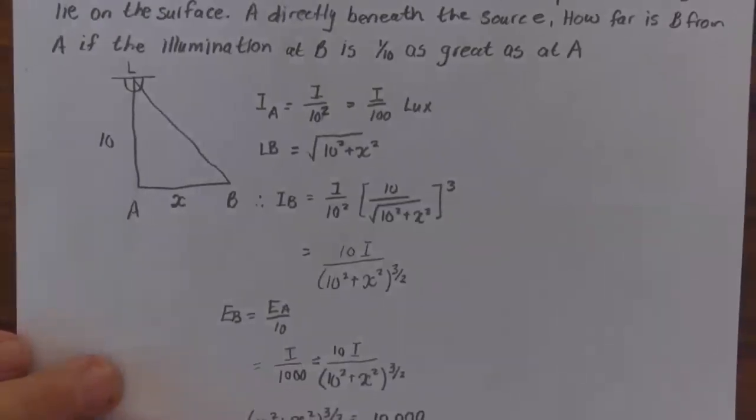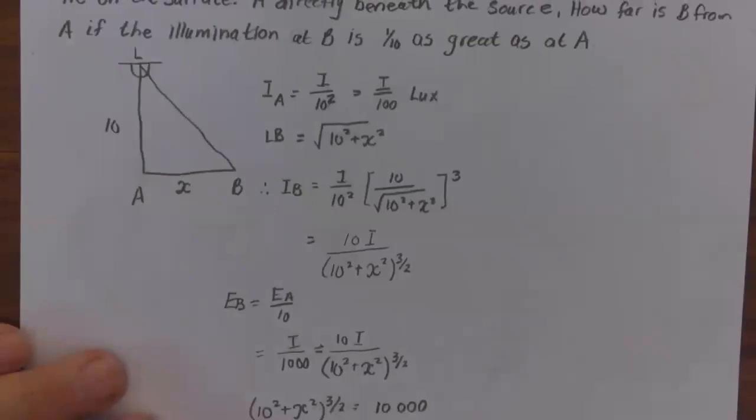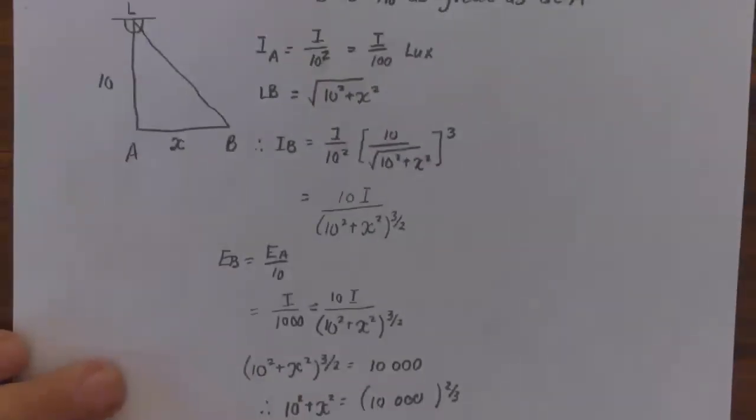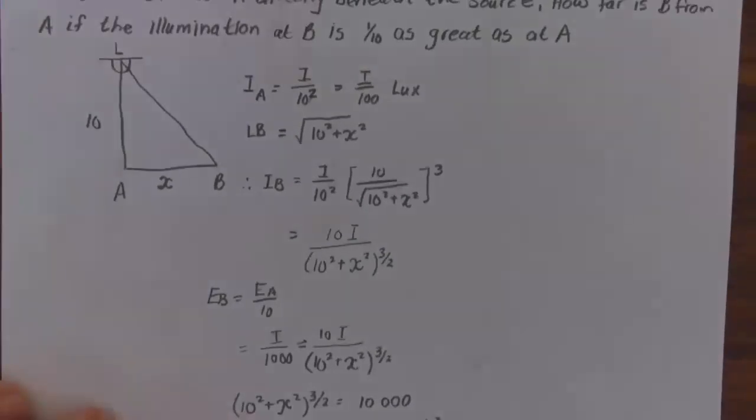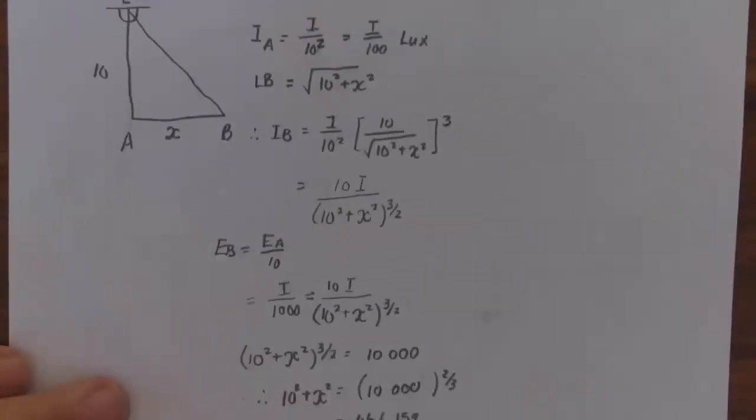So EA, because it's directly underneath, is I over 10 squared, which is I over 100 lux. Now the length LB is the square root of 10 squared plus x squared, and therefore EB is I times 10 over the square root of 10 squared plus x squared, cubed.